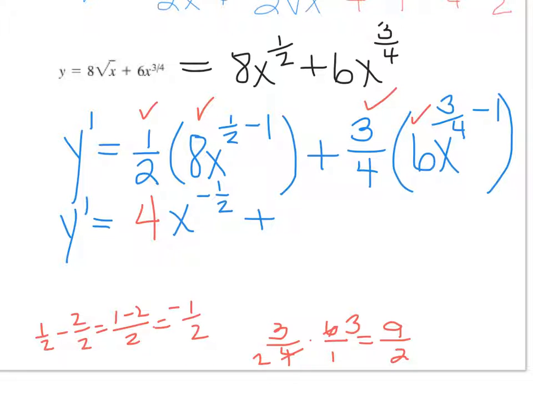If it starts in fractions, leave it in fractions. Do not change that to a decimal. So we have 9/2, and that's still times x.